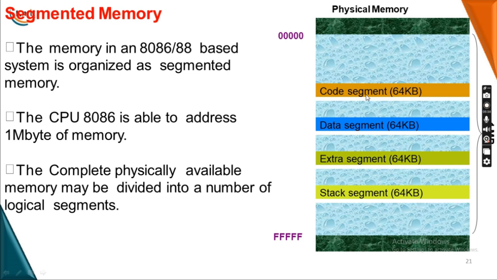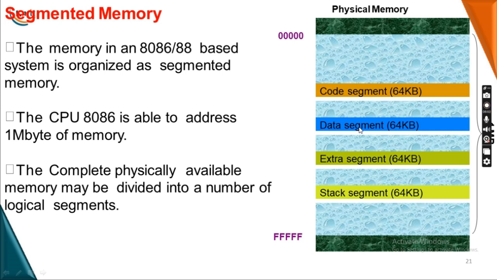As we are dealing with assembly language, in this assembly language program, the code segment will be storing the instructions that need to be executed. Clear? Next, the data segment. In the data segment, it will store the data required to process.